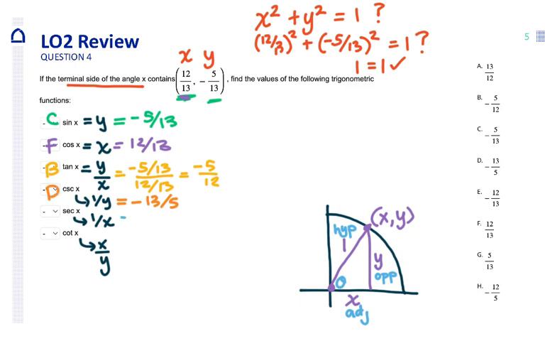It's the reciprocal of cosine, so it's going to be 13 over 12, which is choice A. And then the cotangent of x is the reciprocal of the tangent of x, so it's minus 12 over 5. Again, the minus can go on the top, on the bottom, or out in front of the middle of the ratio. So minus 12 over 5 is choice H.